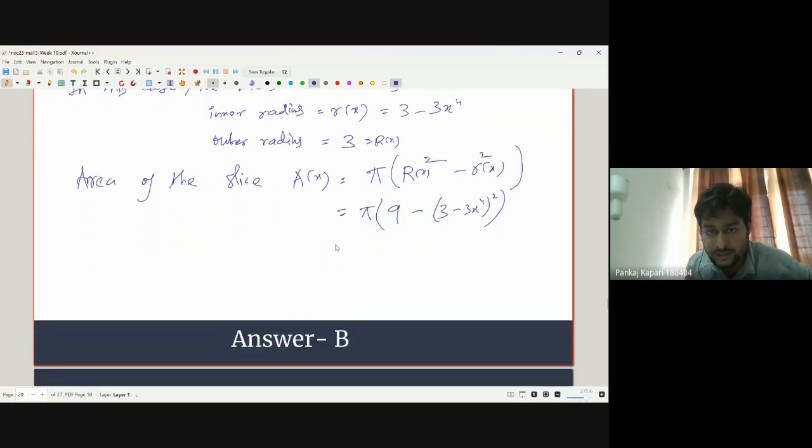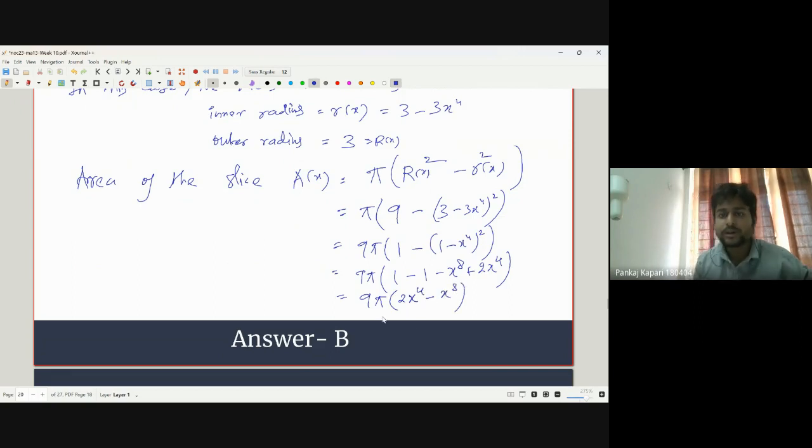Let's simplify this. You can take 9 outside, so you have 9 pi times (1 minus x to the power 4) whole square. Let's calculate it: 1 minus 2x to the power 4 plus x to the power 8. Subtracting this from 1 gives 9 pi times (2x to the power 4 minus x to the power 8).